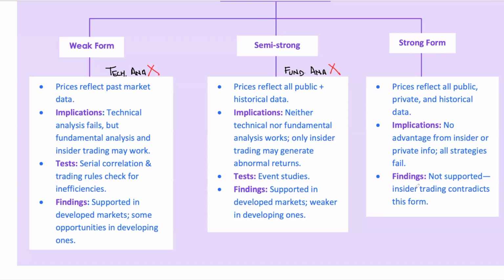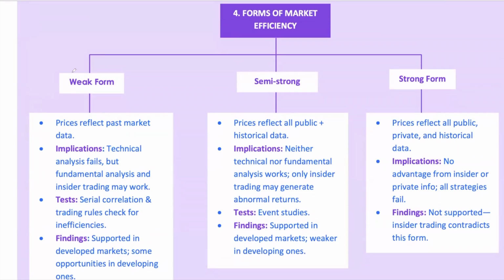And just like before, if a market is strong form efficient, it has to be semi-strong and weak form efficient too. It's like a hierarchy. Strong includes semi-strong, which includes weak. So let's bring it back to what you need to know as a CFA candidate and future investment pro.